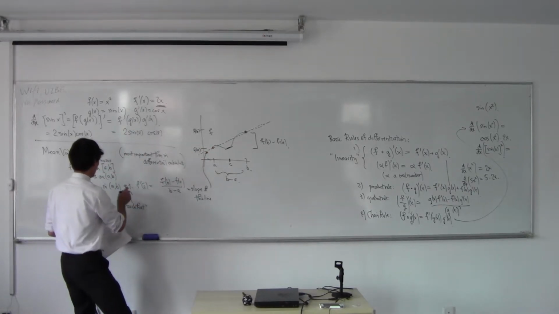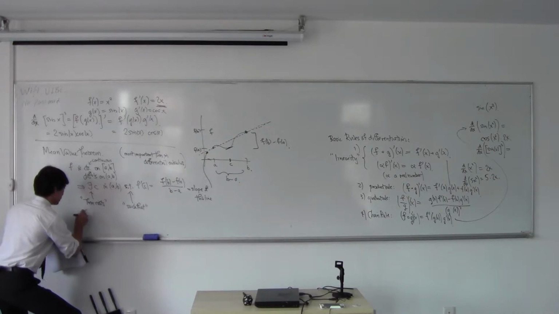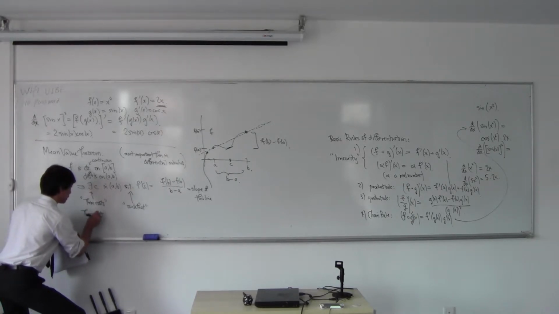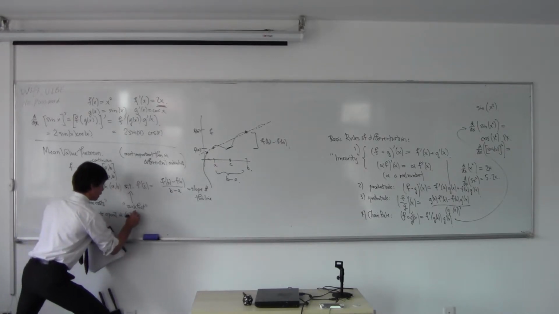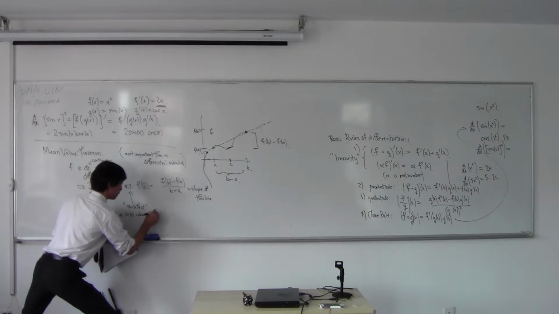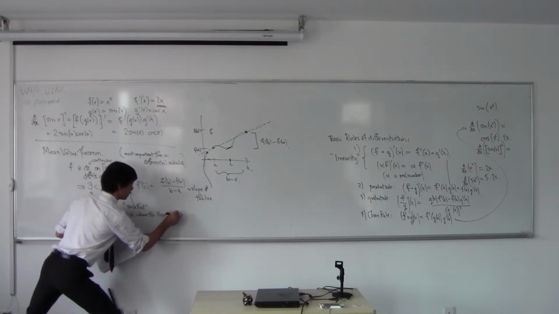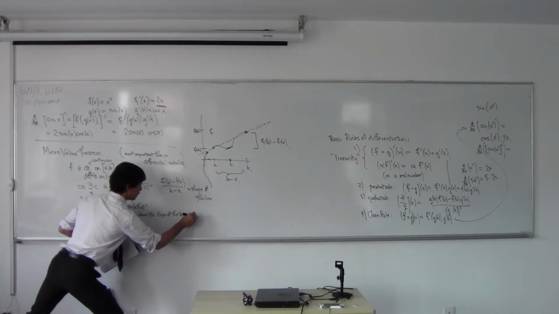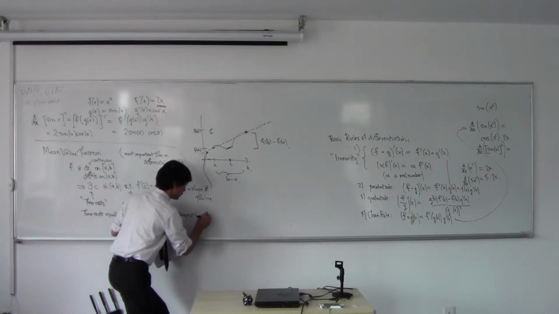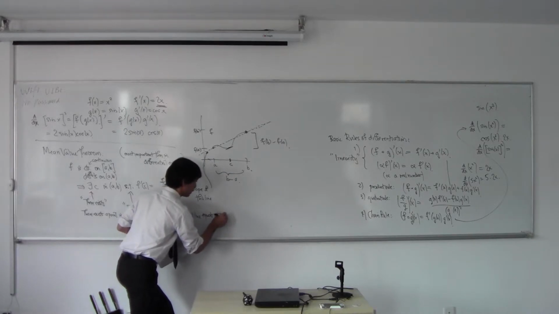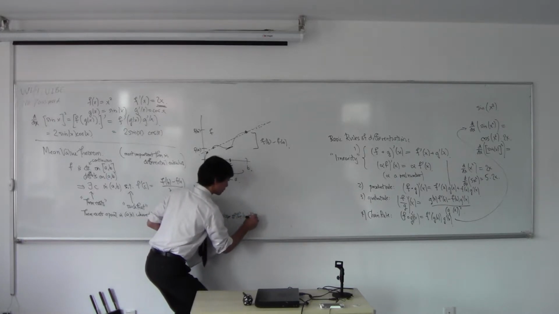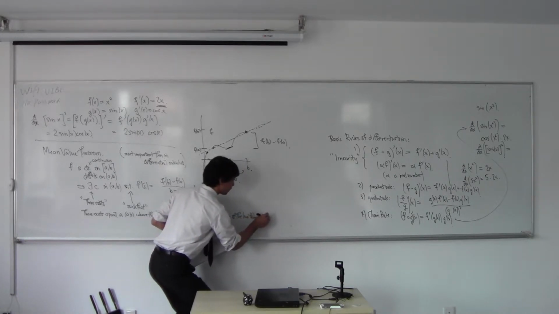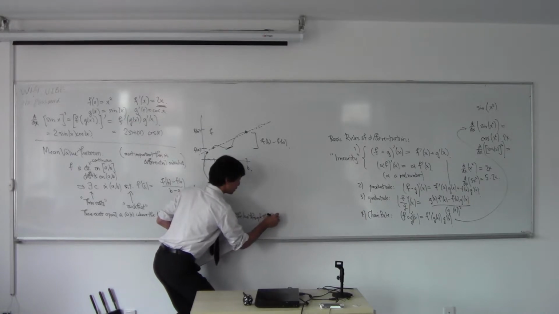There exists a point in (a, b) where the slope of the tangent line equals the slope of the line through the endpoints.